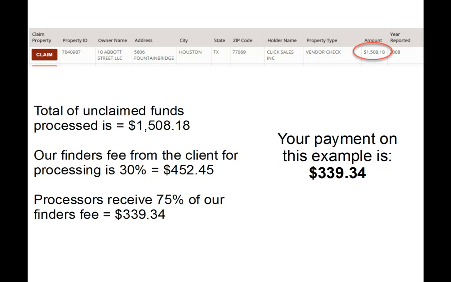Remember, we're not waiting for the money to be received from the client. This is a secured fund. The governments are holding these monies. They just need the money processed and located to the person. So you're helping us out. We're helping you out to give you a nice fee. And because of that, we have a good financial relationship with us and you as the unclaimed money processing forms.